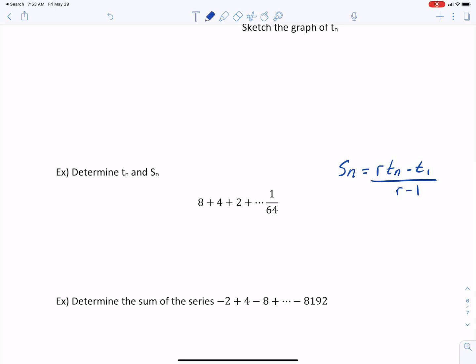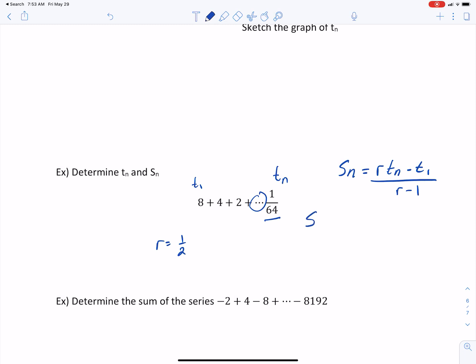And the reason why I'm using that one, you can see I don't know how many terms are represented by these dots, but I know that this is the last term, and I know this is the first term. And you should be able to see the common ratio is 1/2 in this case.